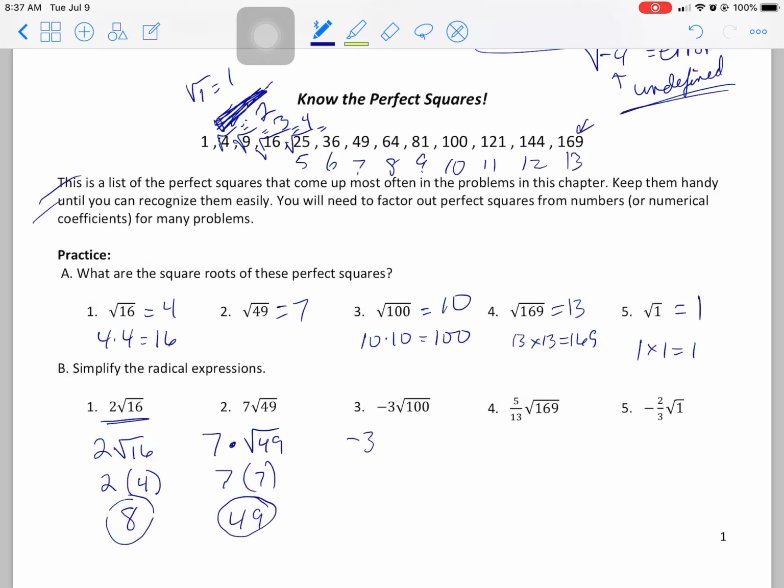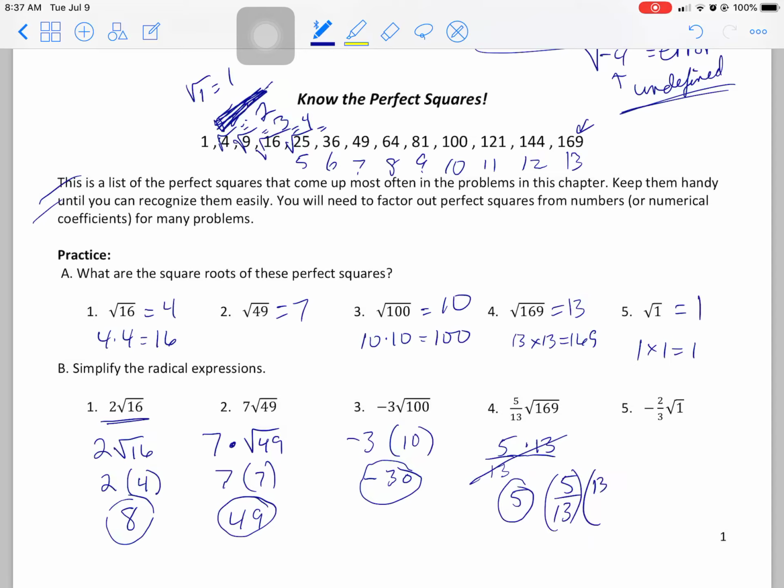Negative 3 times the square root of 100, which is 10. Negative 30. 5 over 13 times the square root of 169 is 13. Which is 5. So the way I wrote it was a little confusing. Remember how you're multiplying fractions, though.